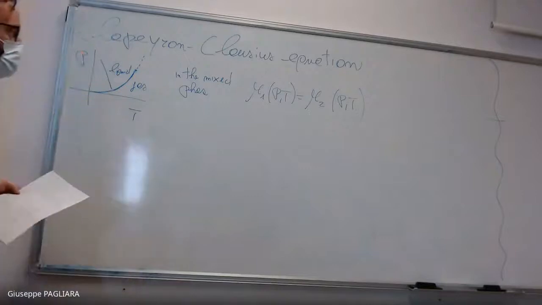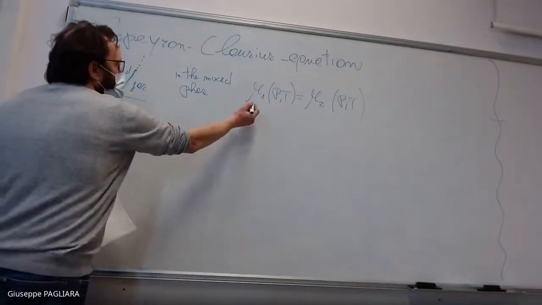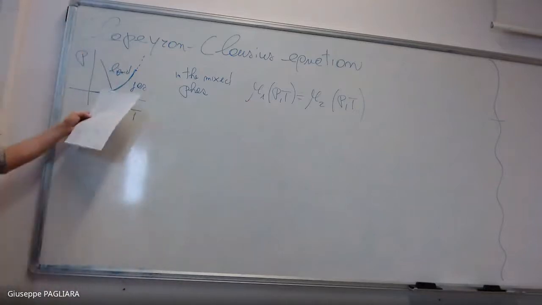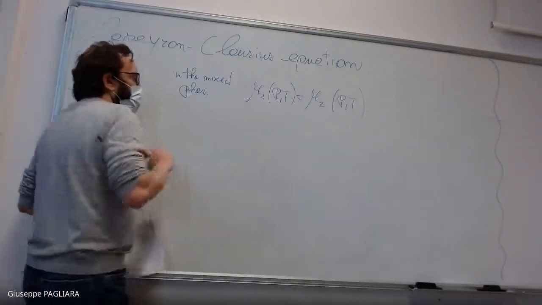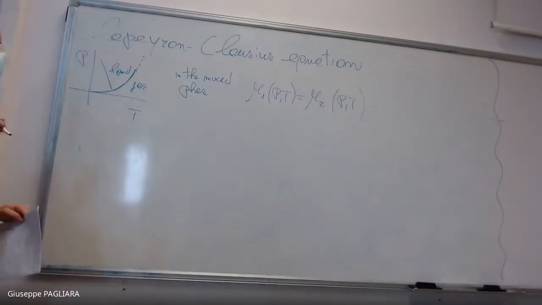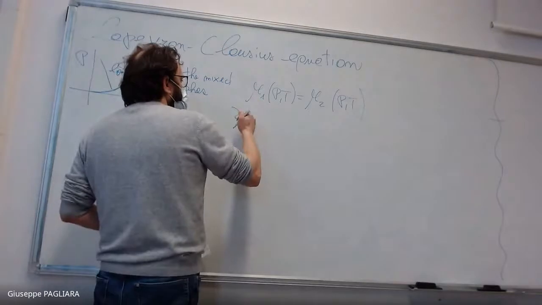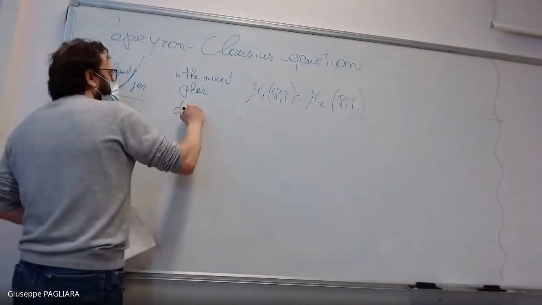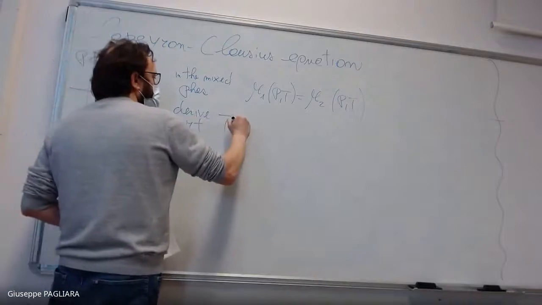Now, let's try to take a derivative of this equation by moving along the first order phase transition line. So I write first the derivative and then I will comment on that. Okay. Let's derive this with respect to temperature.